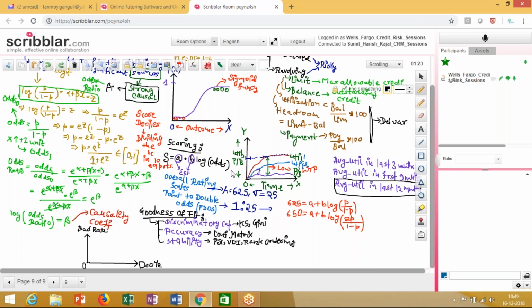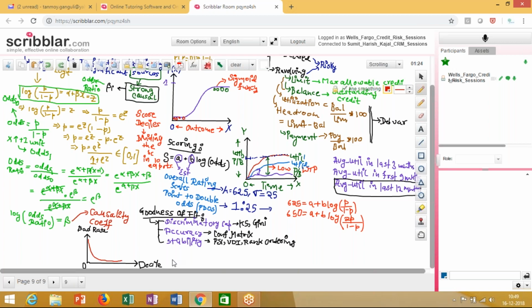Now, if my model was a perfect model, it would have done something like this, but that's not really possible. But I should expect that the relative ranking of the bads is correctly done. So basically, I would expect that in the lowest score decile the highest proportion of borrowers should be bad. And then as I come down, it should be something like this.